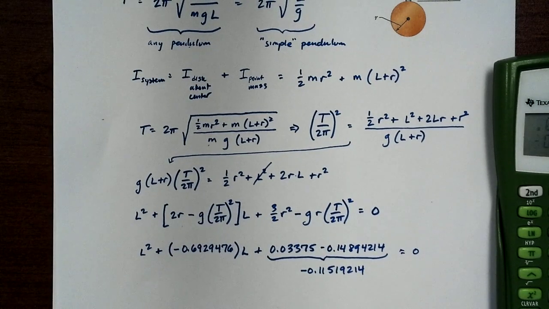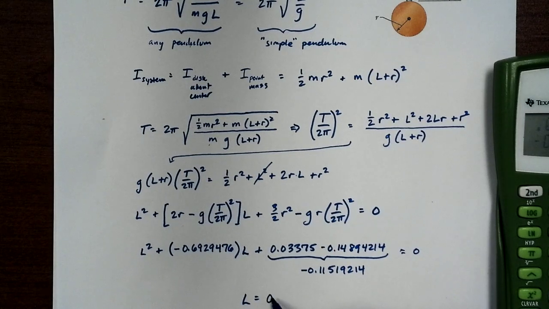And I have two roots. One of them is negative, so that doesn't make any physical sense in this situation, but the other is positive, and it is 0.831. We want it to the nearest tenth of a millimeter, so I believe that's that, right? Because there's your millimeter, and that's your tenth of a millimeter. 0.8314 meters.